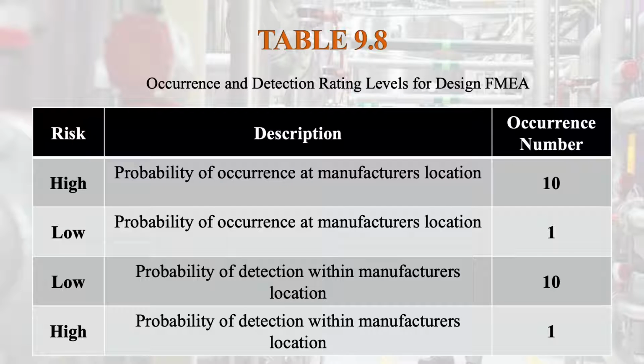For example, for the probability of occurrence at the manufacturing location, if the occurrence number is 10, the risk will be high. If the occurrence number is 1, then the probability of occurrence at the manufacturing location is low. So like that, one has to identify. If the occurrence number is more, then the risk is high. In the next one, the detection level.